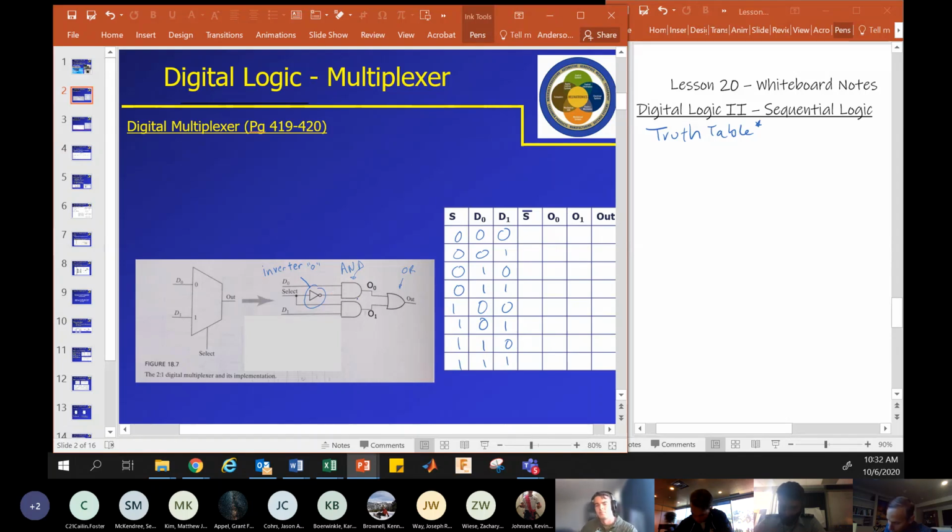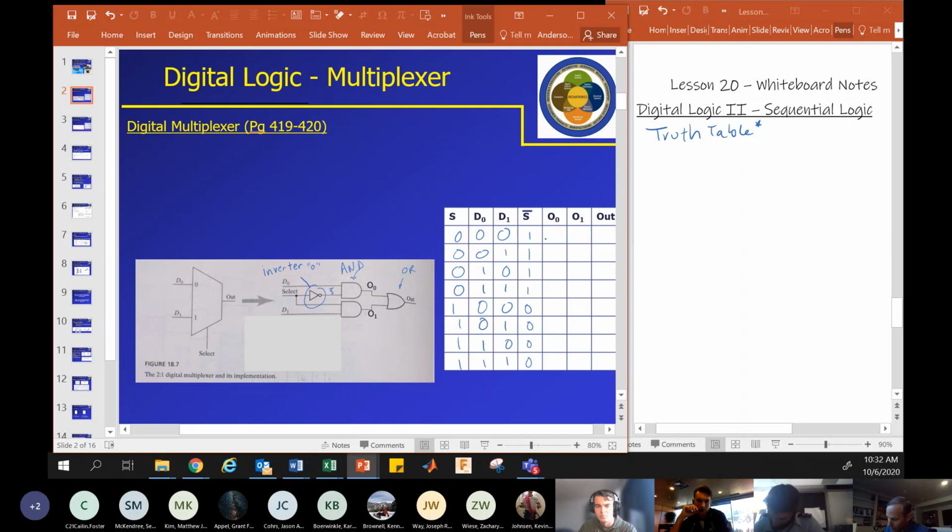this line, it's helpful to draw, and I've already done this. I put O0 and O1, so that's like out 0 and out 1. This line right here is the not S. So this column should be easy to fill out. It's just the opposite of what S is. So 1, 1, 1, 1, 0, 0, 0, 0. Now we can fill out the column for O0. And this is an AND gate.